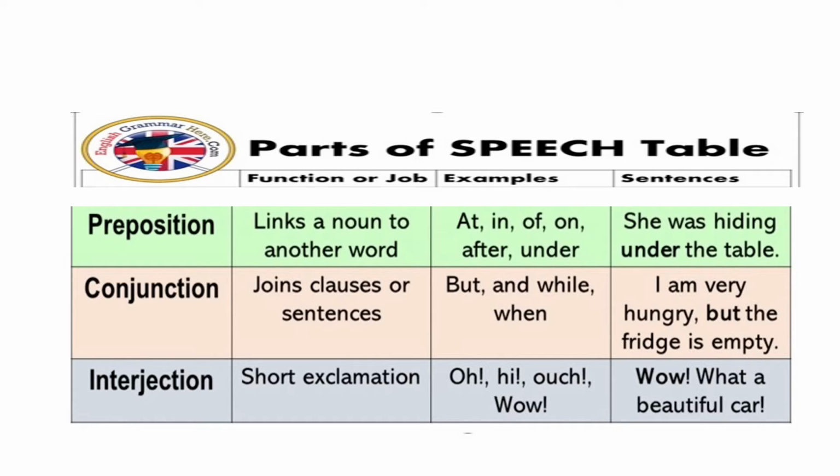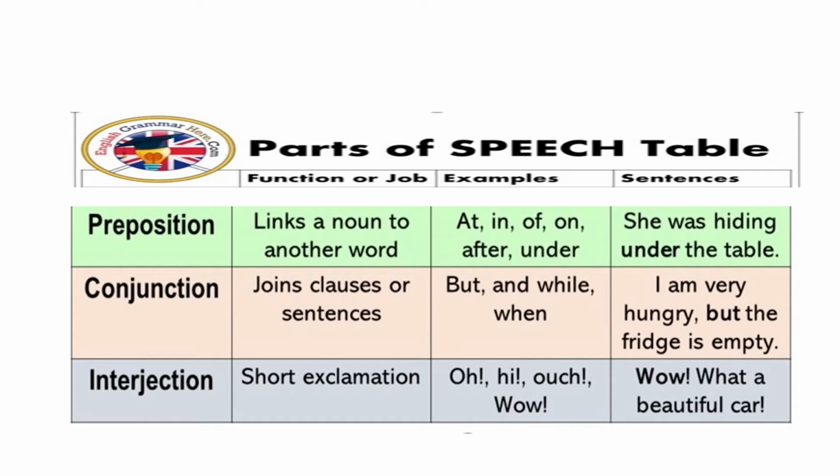We've got conjunctions. They join clauses or sentences together. So we know our fanboys and we know a white bus, yeah, to help you. And then we have an interjection, which are short exclamations. And that's oh, hi, ouch, wow.